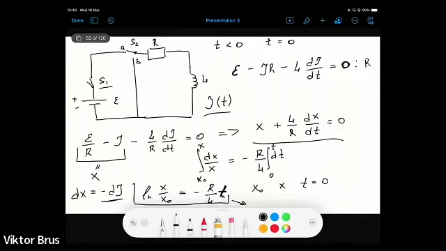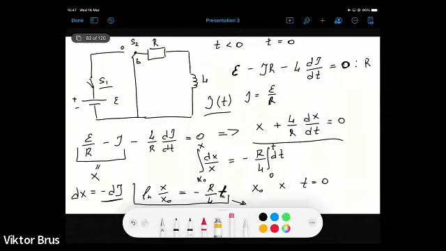Now imagine that it took some time to establish already steady state electric current, I is equal to epsilon divided by R. And then we switch position of this switch S2 from A to B. So now at A, we don't have anything here.